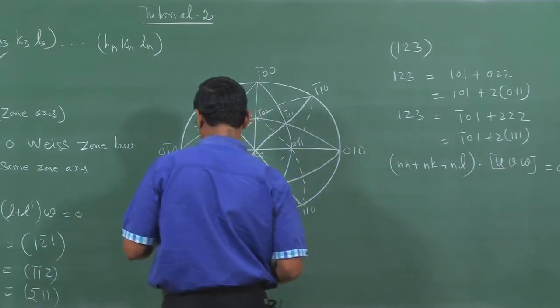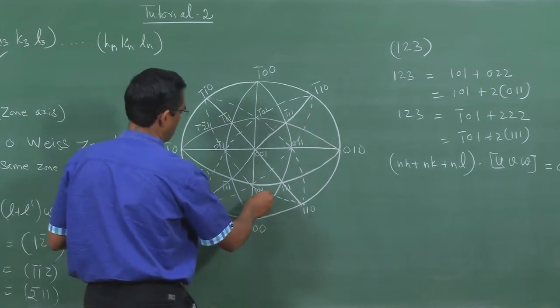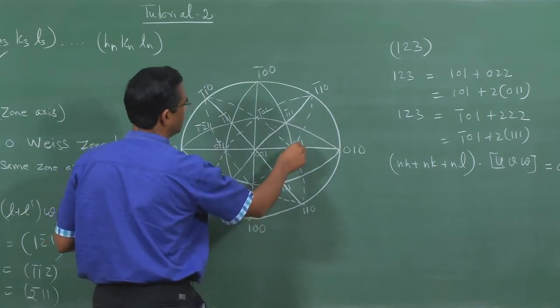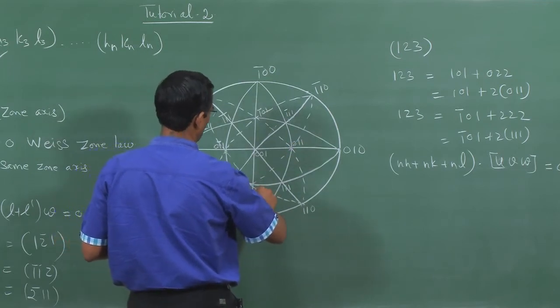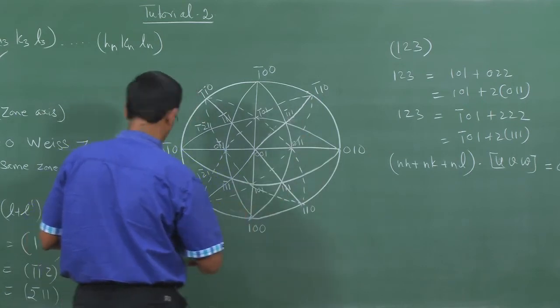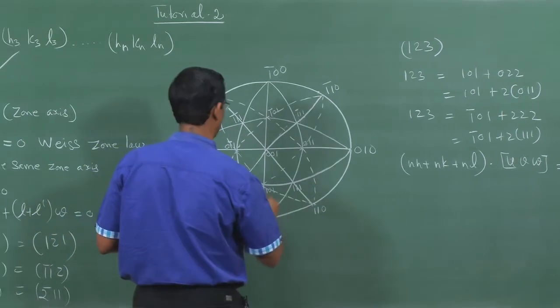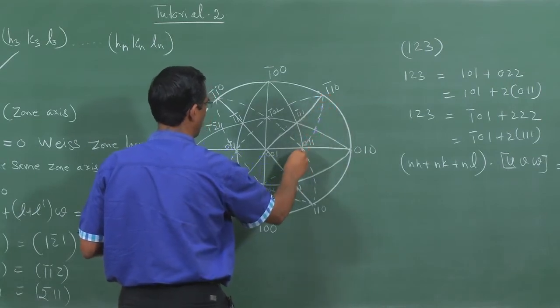So, let us look at 0 1 0 and 0 1 1. We have to draw a great circle which passes through these two. Let us see how it comes. Which is nothing but this pole again, which we have already drawn.